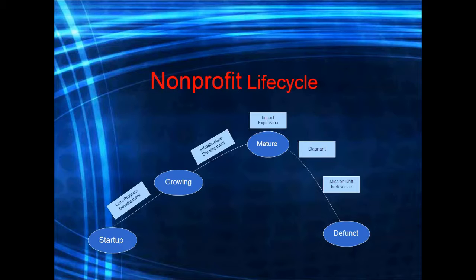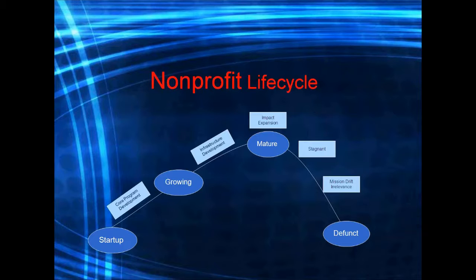So that's the basic nonprofit life cycle. Again, the 4 stages of an agency are the startup stage, the growth stage, the maturity stage, and then the defunct stage. The focus of the agency during those stages, so between the startup and growth stage, the agency will focus on core program development.